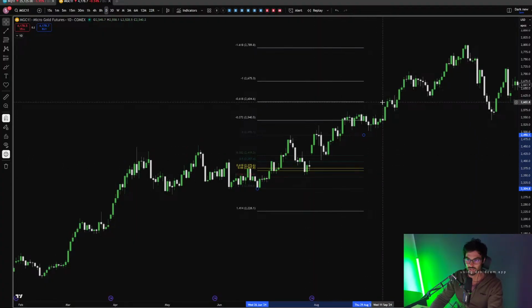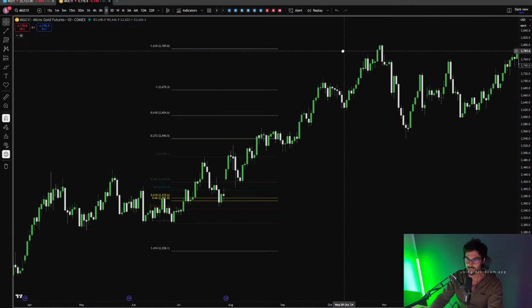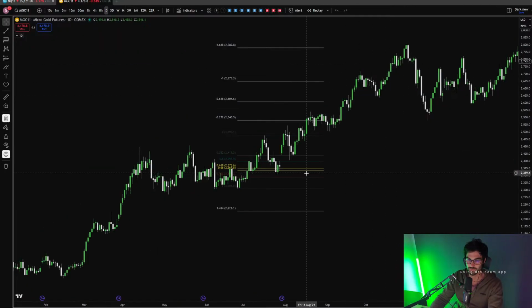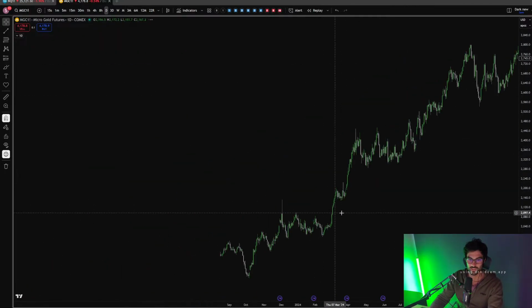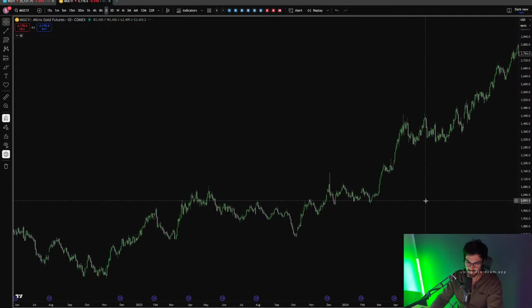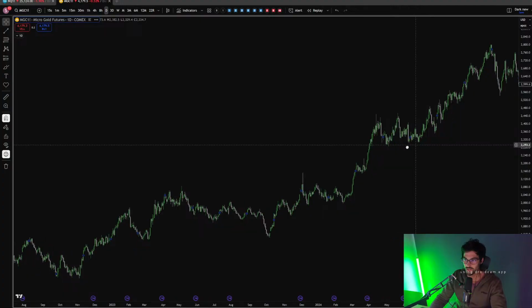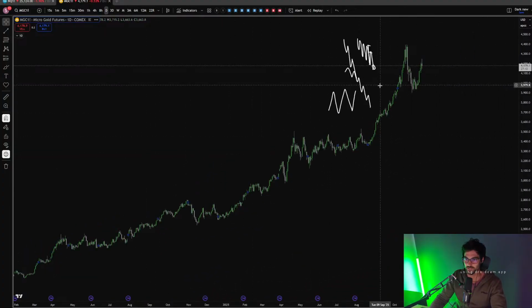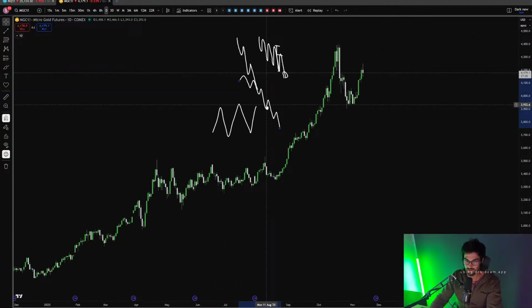The minus 0.618 was here, minus 1, minus 1.618, and then big drop. Of course, this is not a hard rule, but it's a guidance on how you could make distinctions and target placement.